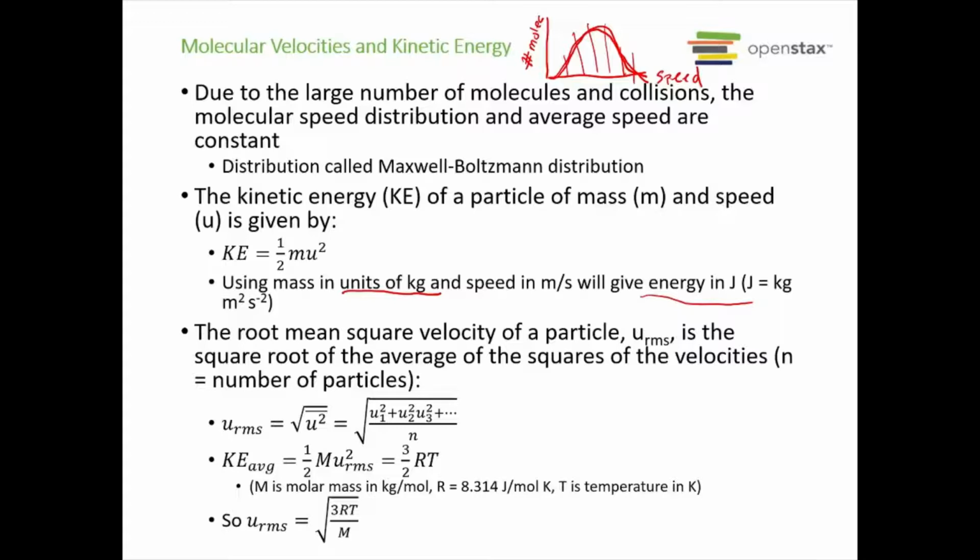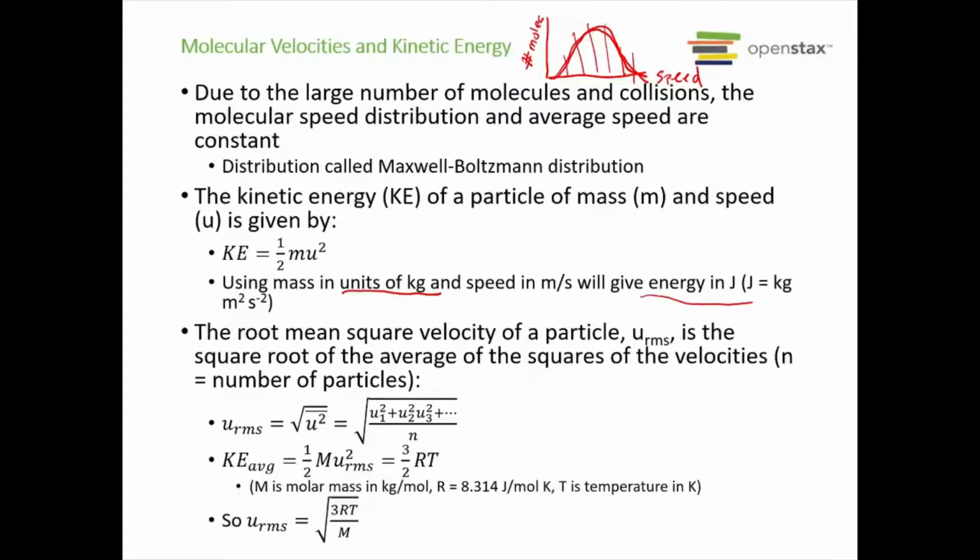So now, substituting this u RMS into our kinetic energy equation, we can say that the kinetic energy is equal to 1/2 m u squared RMS, where we can use m as the molar mass. And this is also equal to 3/2 times the universal gas constant times temperature.